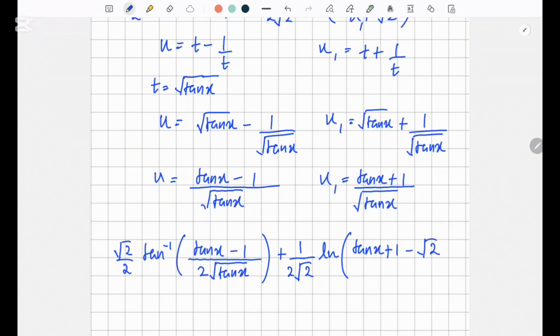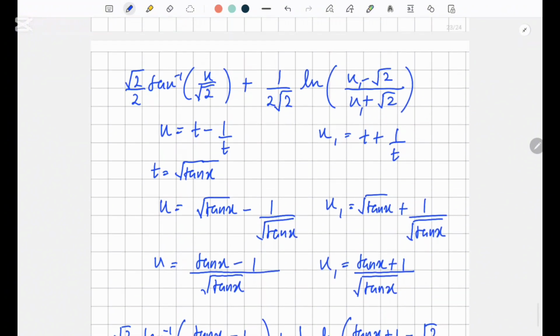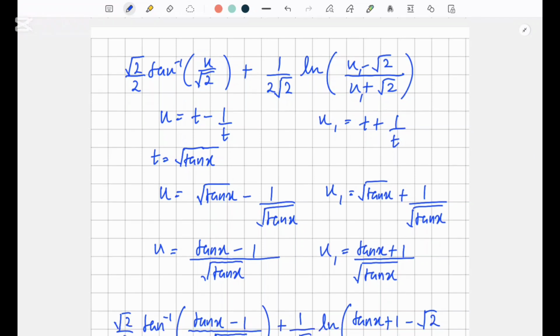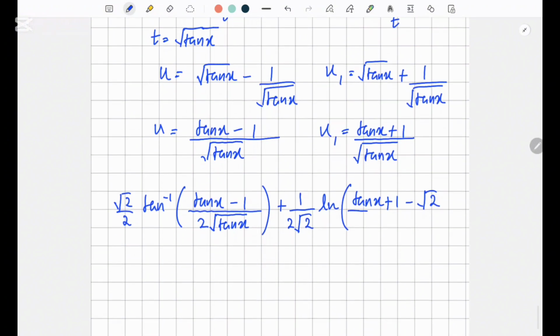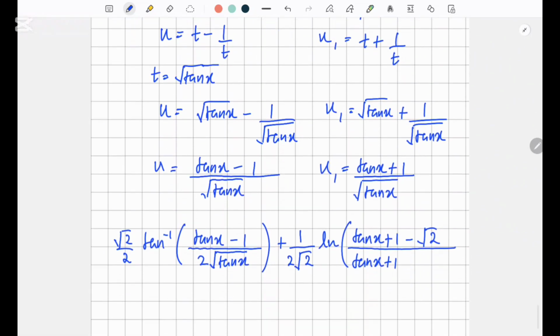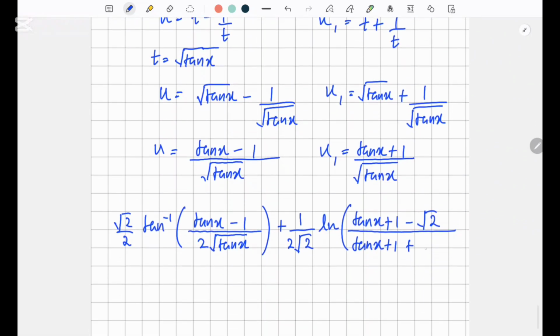And the reason I'm not writing the denominator is because you have the same denominator for u dash minus root 2 and u dash plus root 2, right? So they'll just cancel off. So you could just write tan x plus 1 plus root 2. So this is your final answer.